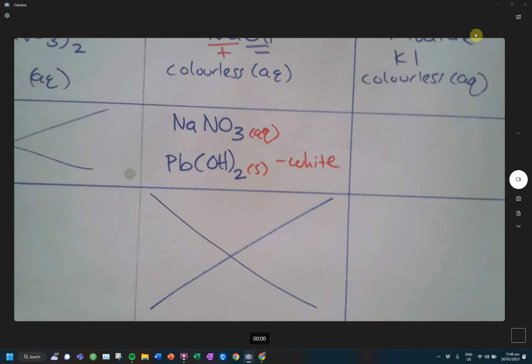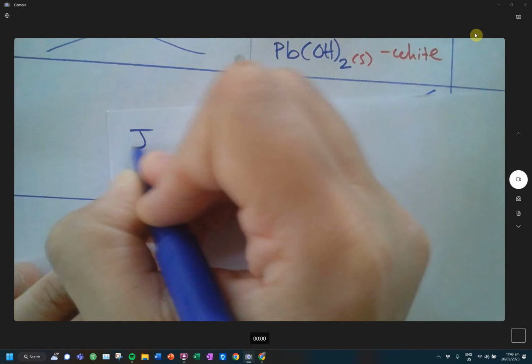All right. So the next thing then is to justify why we know that is our precipitate. Let's grab another piece of paper to write that down. That's my justification. So we're justifying.